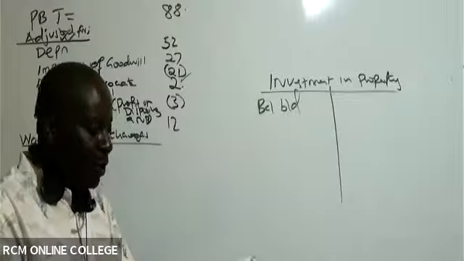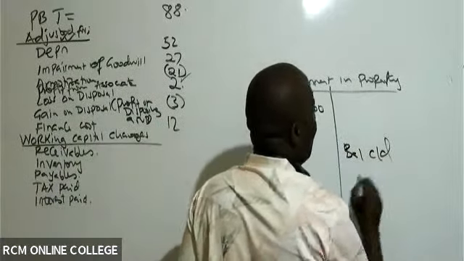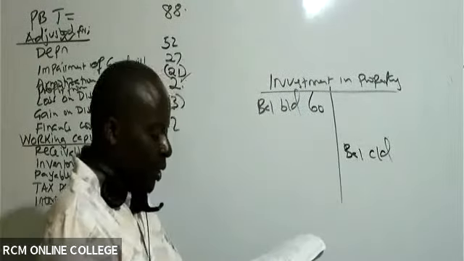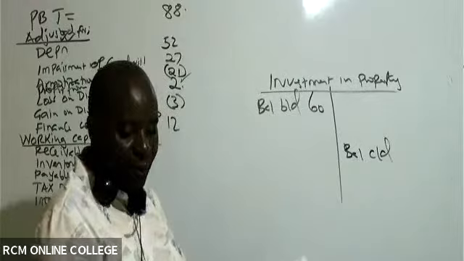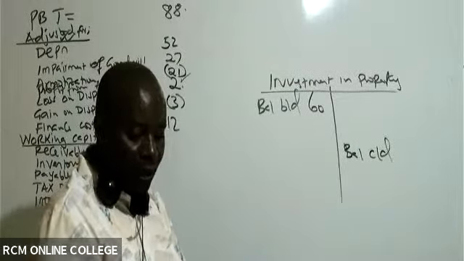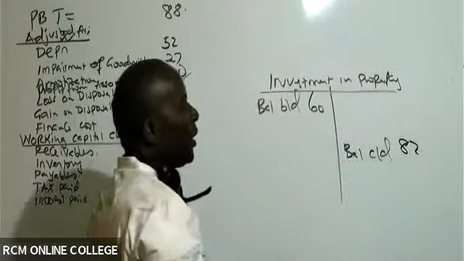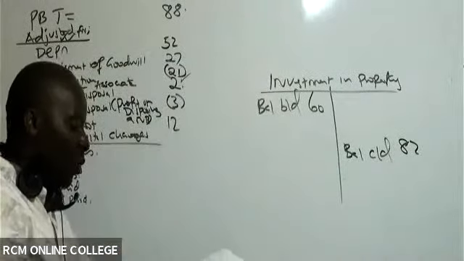So investment properties brought down here we have 60. How about balance carried down? Balance carried down is 82. Is there any investment in property that we acquired?